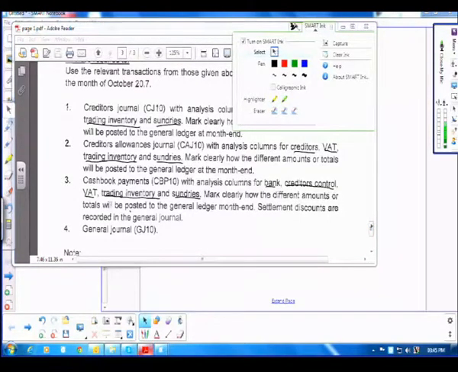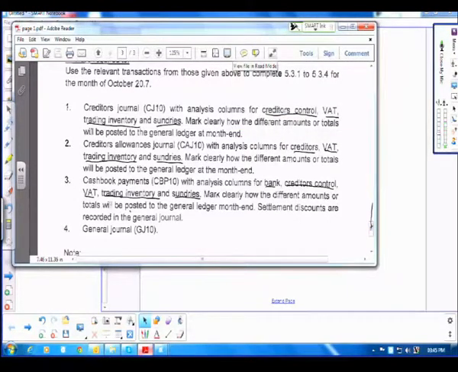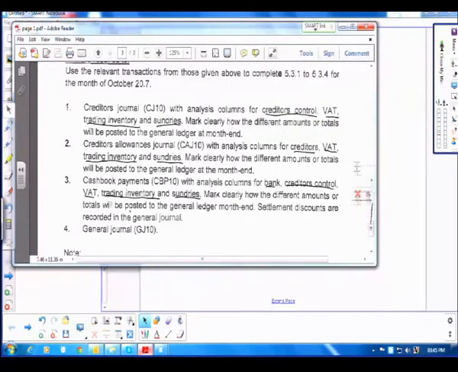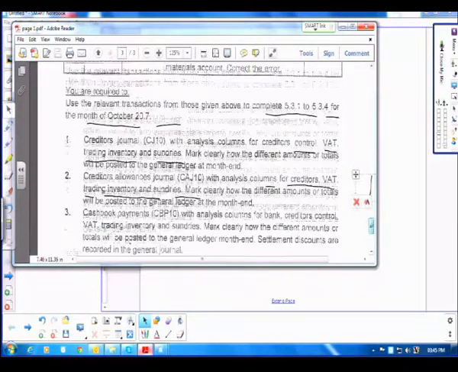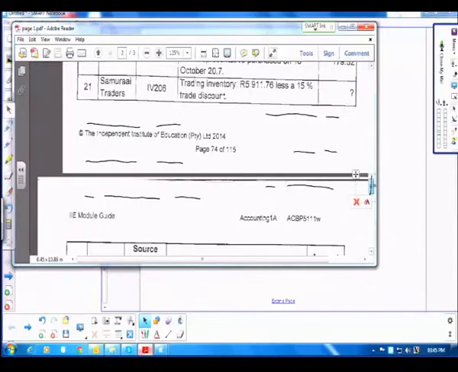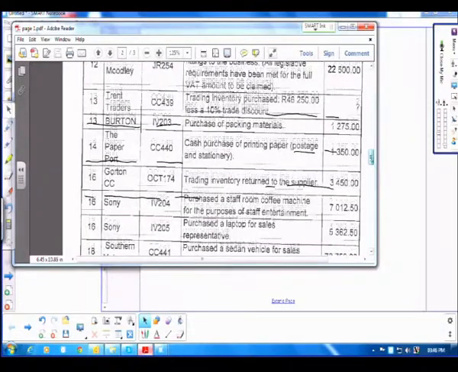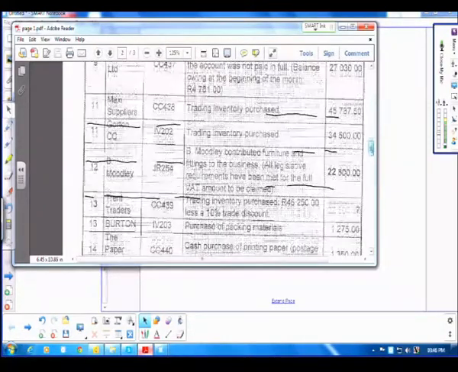All right, so let's just look at transactions and see if we can comfortably identify where they're supposed to go. All right, here we go.